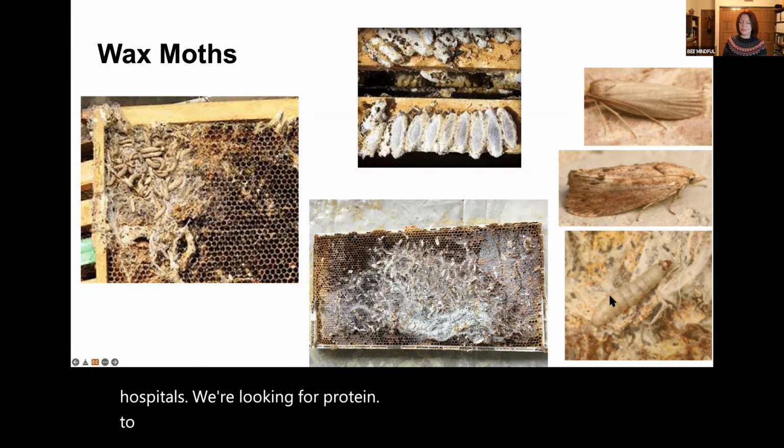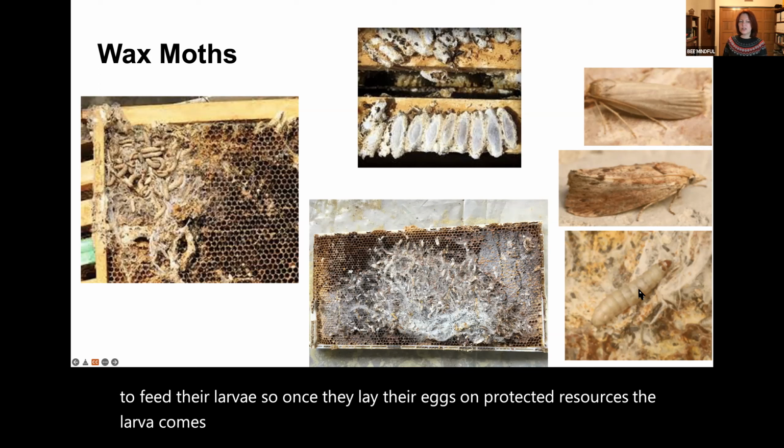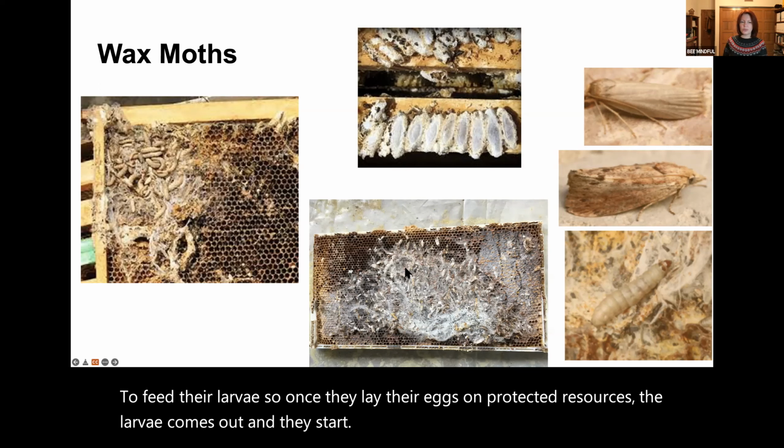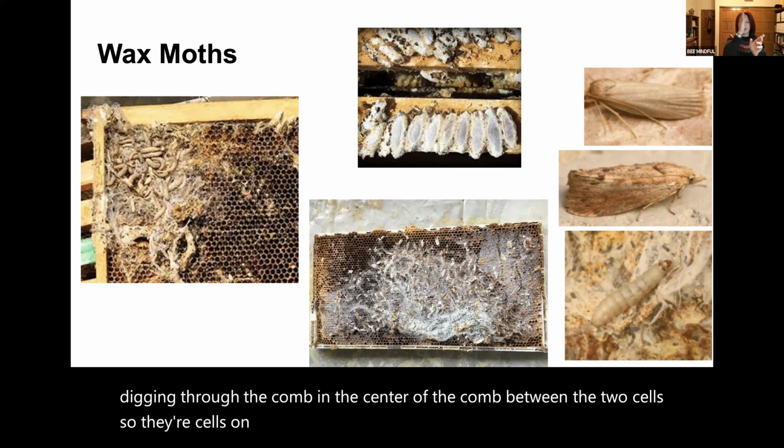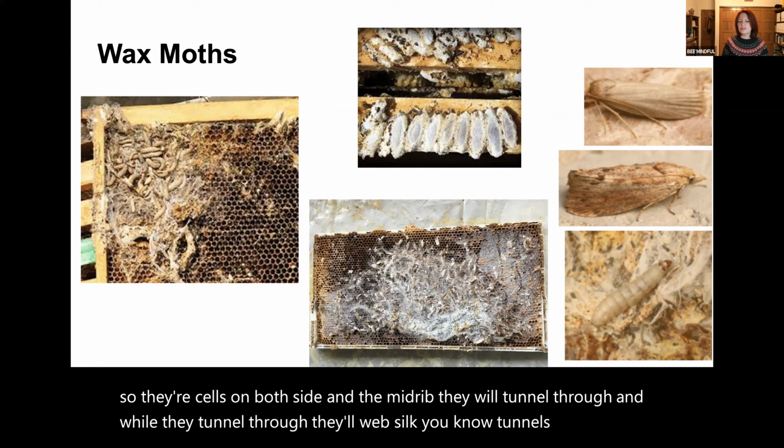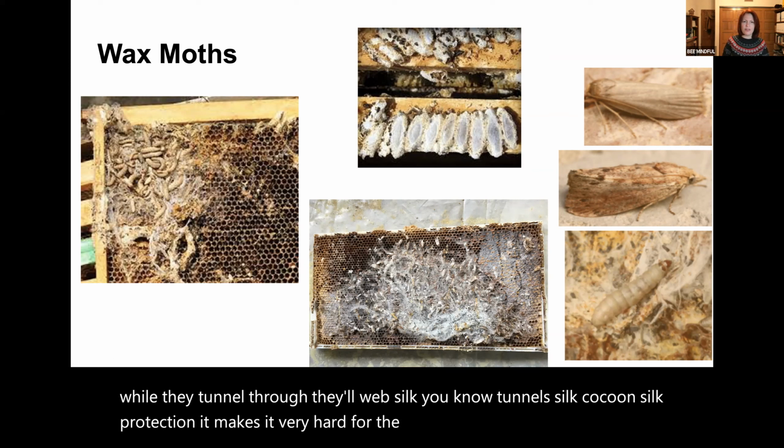So once they lay their eggs on unprotected resources, the larvae comes out and they start digging through the comb in the center of the comb between the 2 cells. So there's cells on both sides. In the midrib, they will tunnel through, and while they tunnel through, they'll web silk, tunnels, silk cocoon, silk protection. It makes it very hard for the bees to get rid of them and to pull them out of the comb.